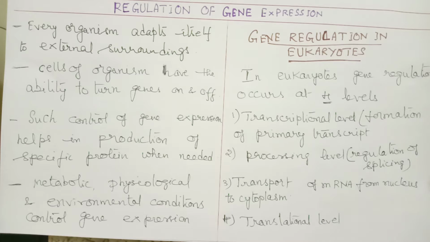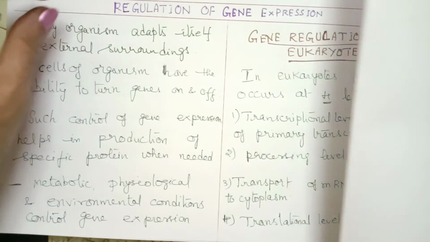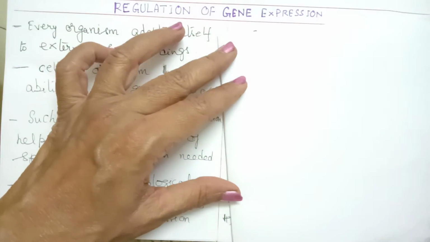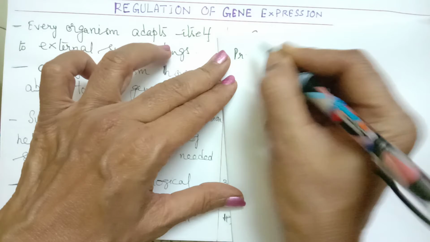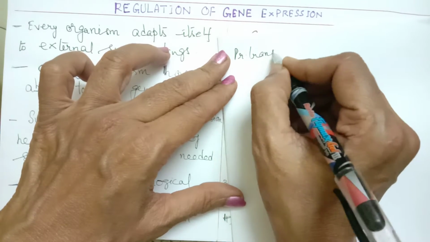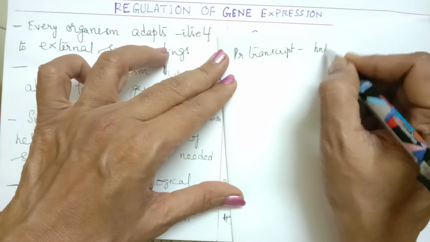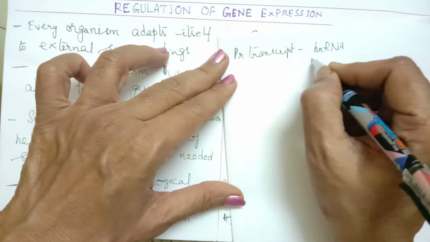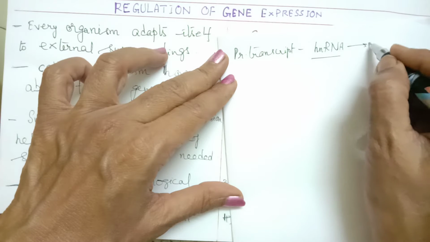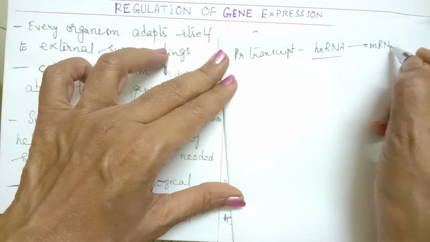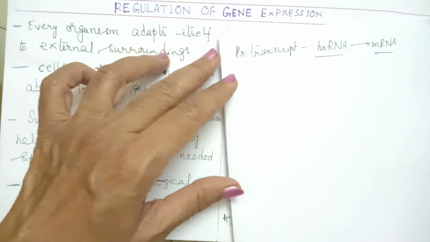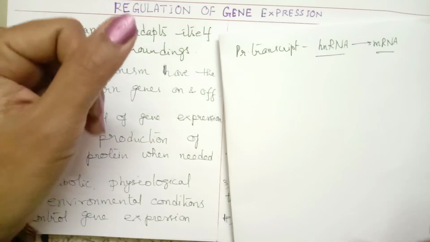Now how is it regulated? hnRNA has to be processed. This hnRNA is then converted into mRNA, a mature RNA, by capping, tailing and splicing.